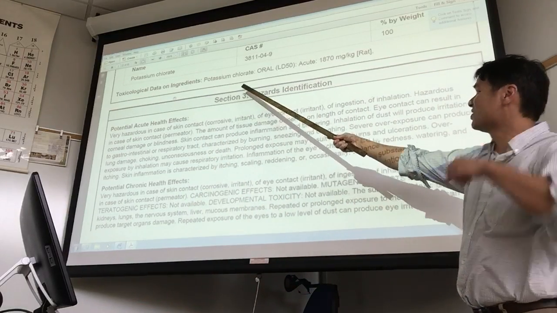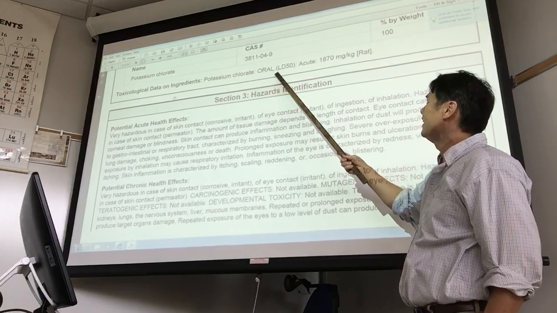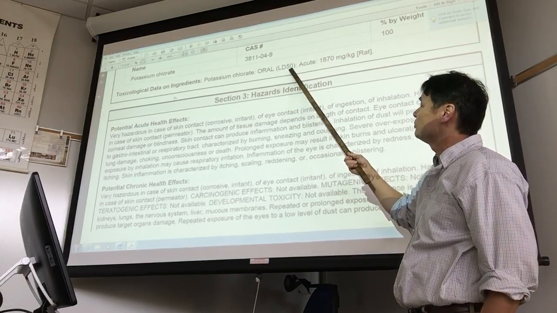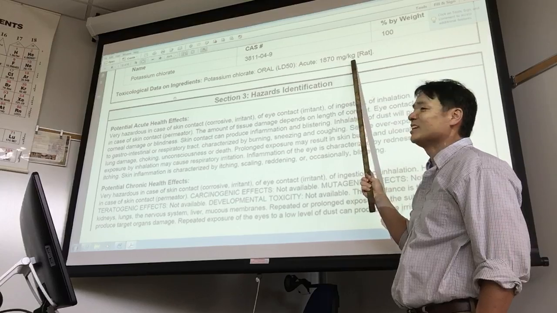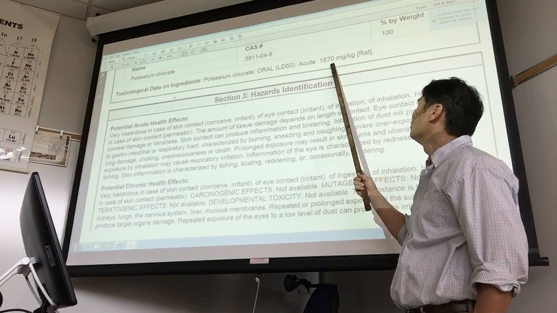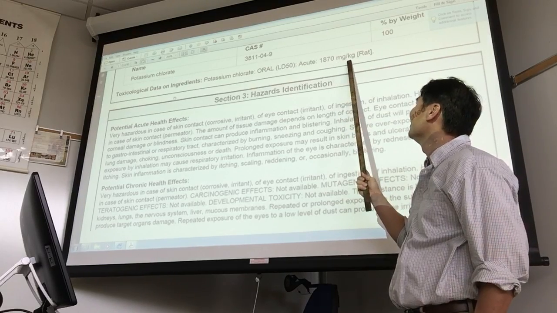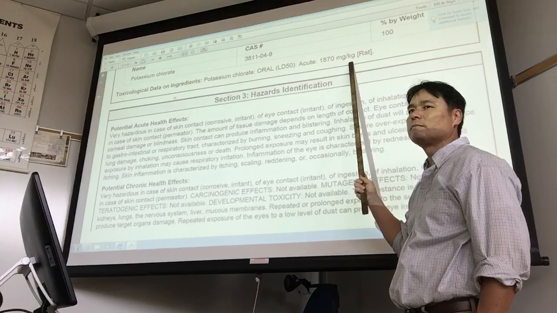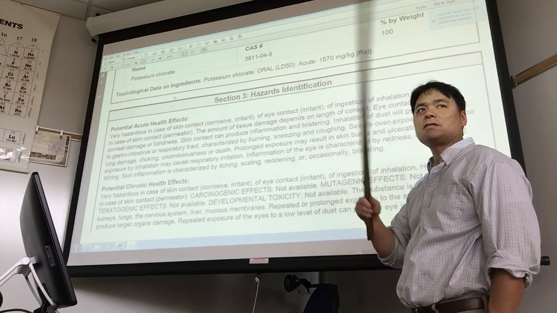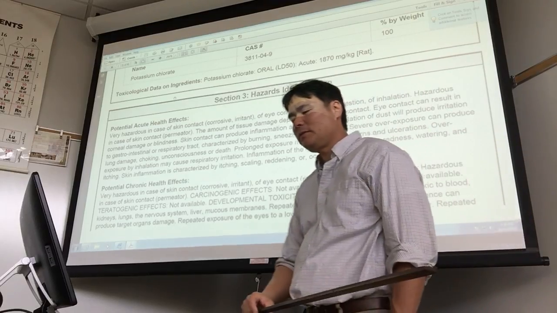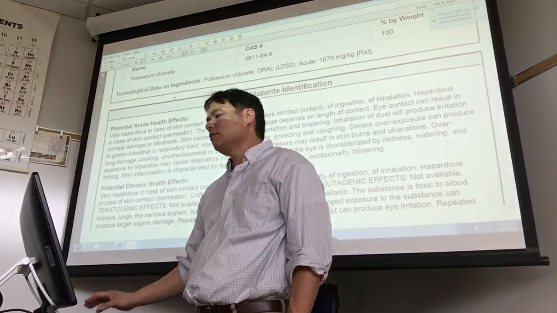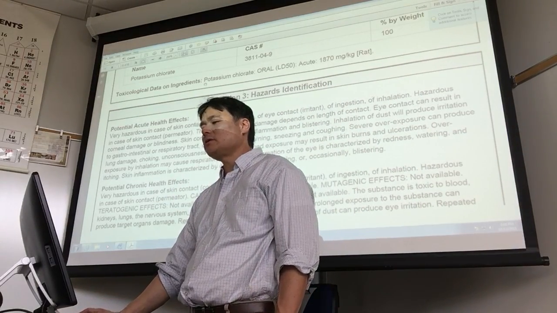There's some toxicological data. Potassium chlorate has an LD50, lethal dose 50% of the population, of 1,870 milligrams per kilogram. So 1.87 grams per kilogram of body mass. So potassium chlorate is toxic, but you have to be careful about what toxic means.